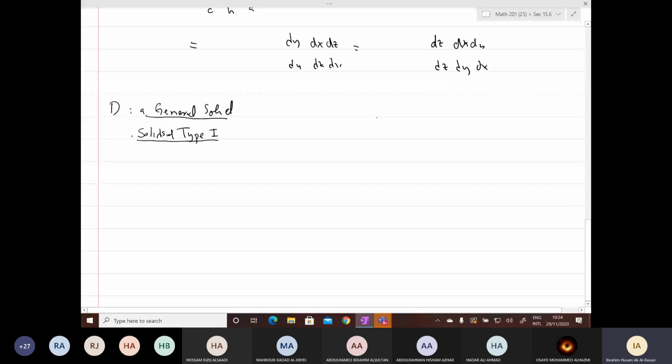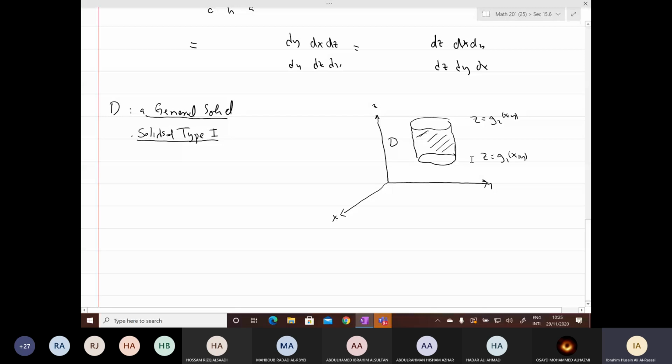Let me sketch it here. You have a surface Z equals G2 of X, Y and another surface Z equals G1 of X, Y. So this is the solid D. Geometrically, it is a solid between a lower surface and an upper surface.